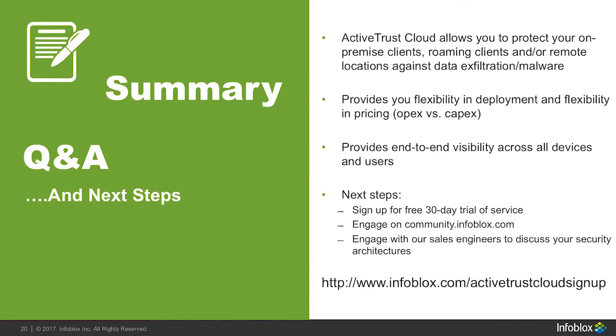We work with Tenable's Security Center. We work with NAC solutions, Forescout and Aruba. We work with Cisco. We work with a whole variety. To learn more about our ecosystem, you should visit our community website at community.infoblox.com, as well as our public website.